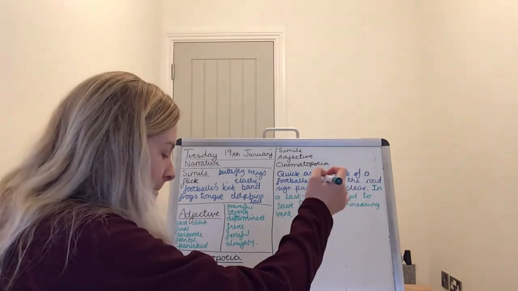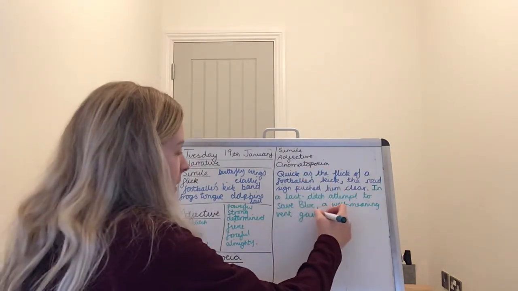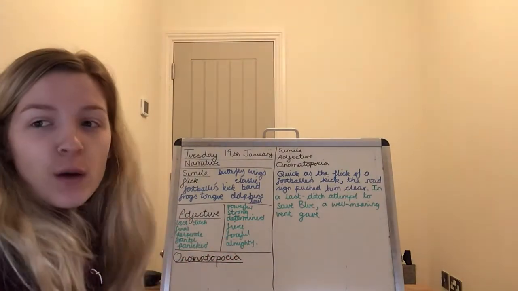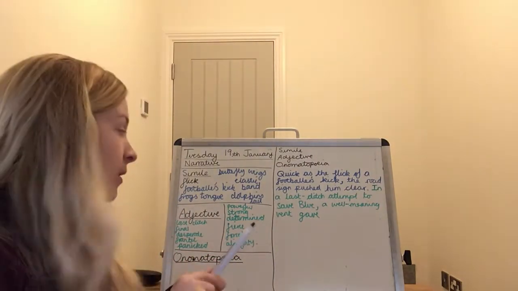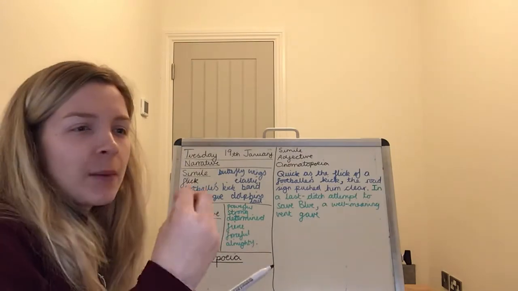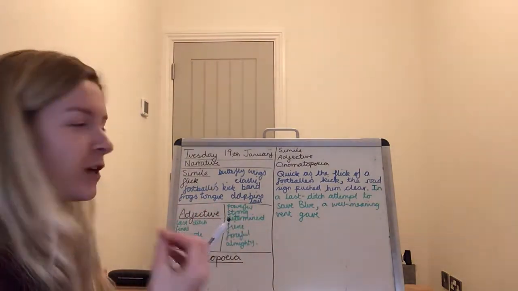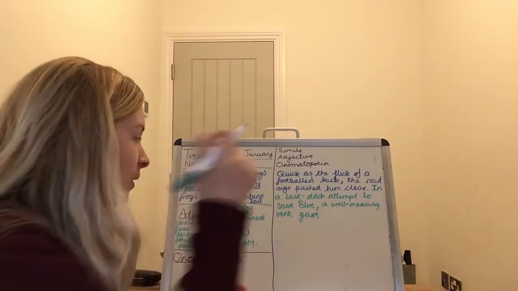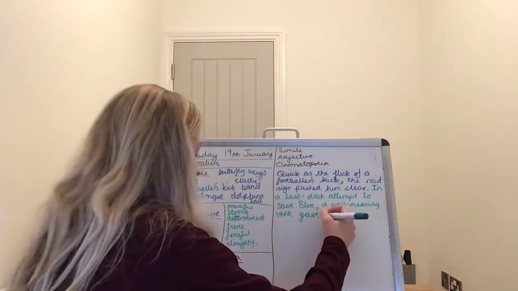gave, and here comes your adjective for the puff. Gave a powerful puff, alliteration in there as well, gave a strong and determined puff, gave a fierce and forceful puff, alliteration again, gave an almighty puff. I'm going to write almighty.